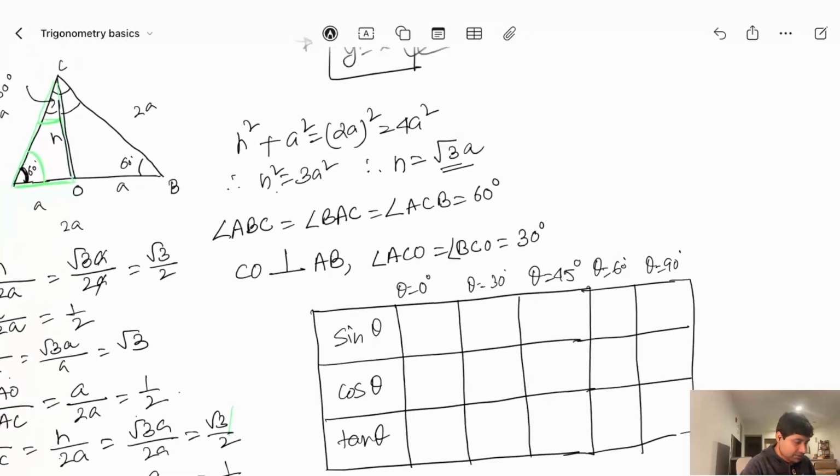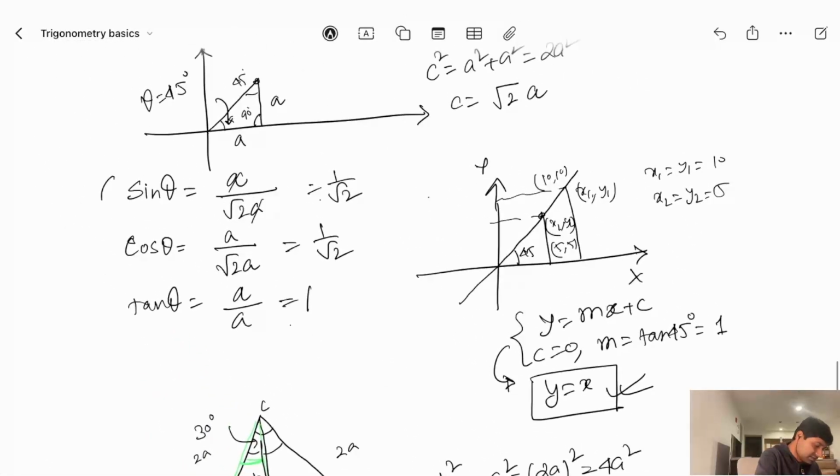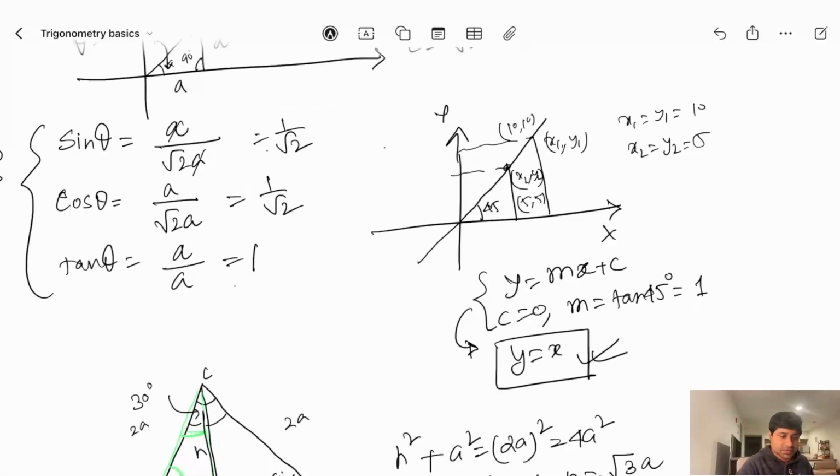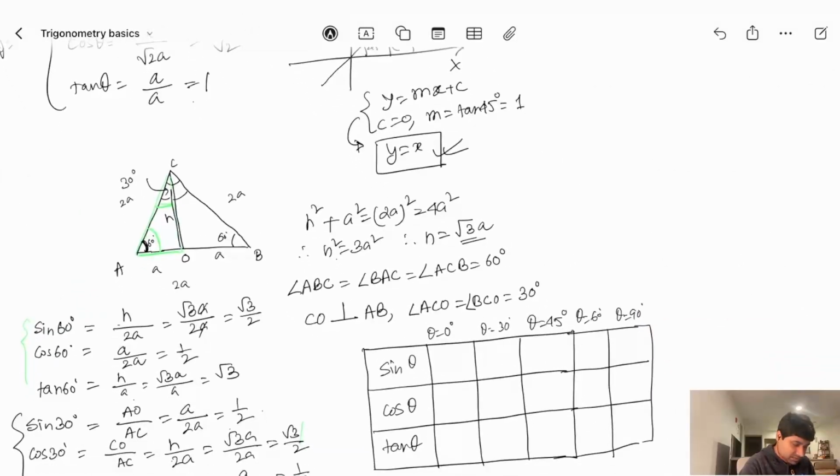So at the very beginning we calculated 45 degree. So if you see here, these are all the values when theta equals 45. So I can simply put the values here. Okay, so sine 45 is 1 by square root of 2, cos 45 is 1 by square root of 2, and then tan 45 is 1.